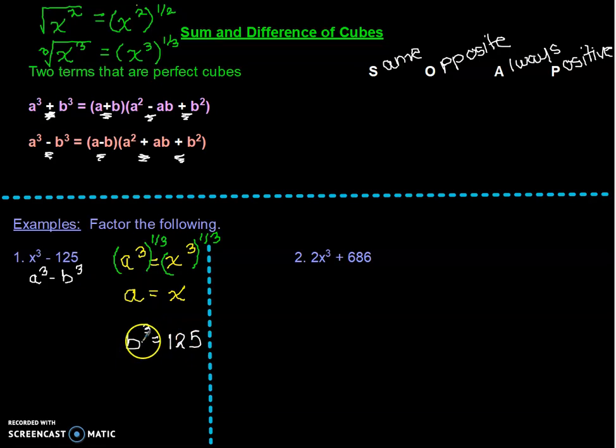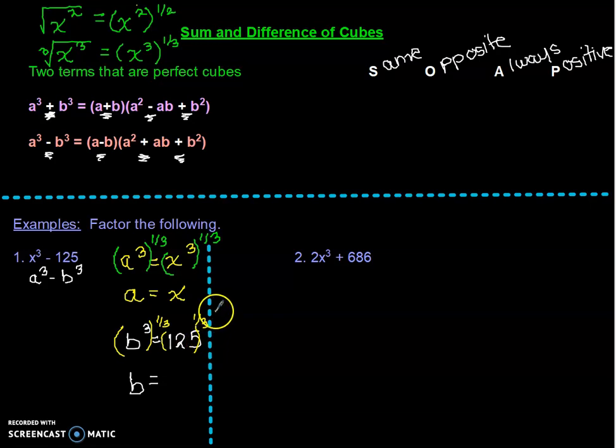So again, you can find a number that multiplies by itself 3 times to give you 125, or you can do it algebraically, meaning get rid of the exponent of 3 by giving it a power of 1/3, as long as whatever you do to one side, you do to the other. So 3 times 1/3 power to a power just gives me b to the first power.